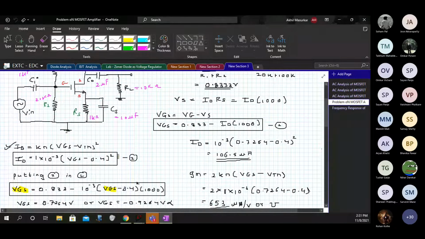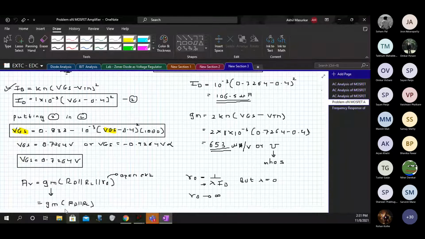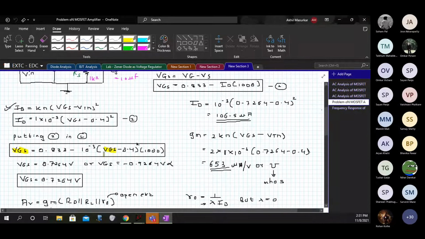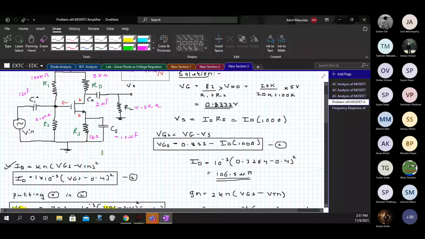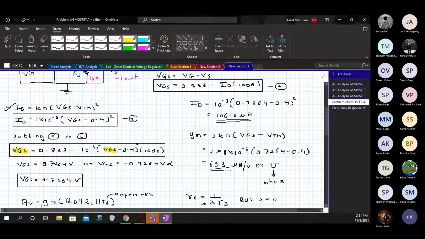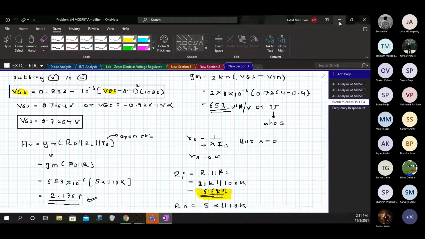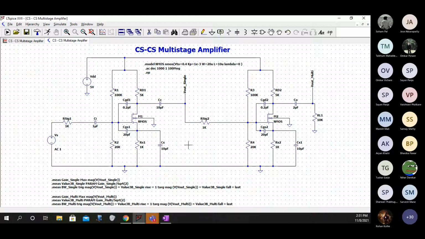While doing this, I told you when we wanted to calculate gain, first we had to do DC analysis and find out what is the value of ID, find the value of VGS, find the value of GM, and then we could calculate the values of gain. So that part we did not see. So now we can see that part as well when we look at this particular circuit.